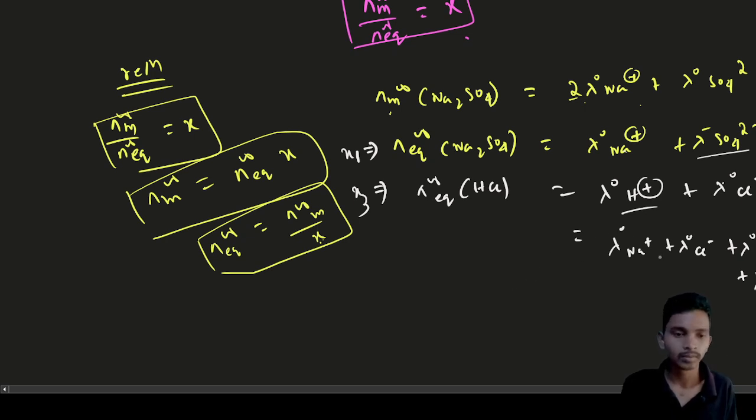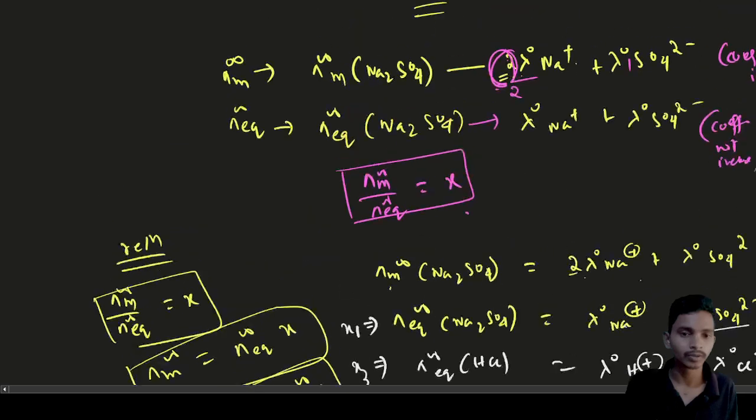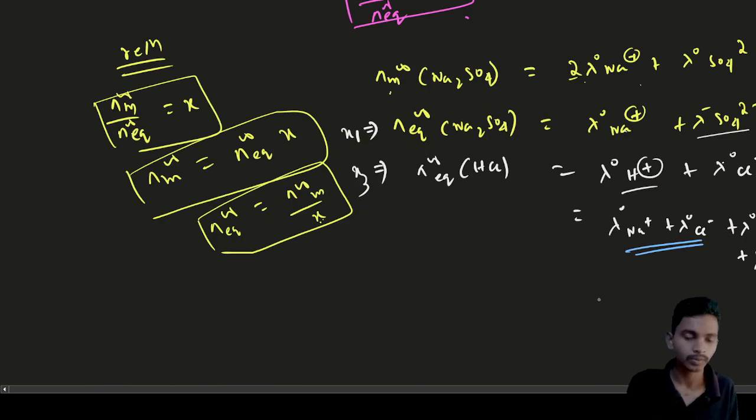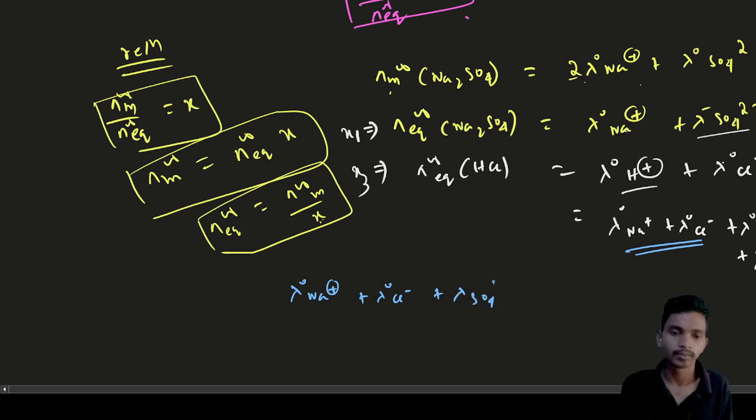I only need these values, I do not need this value, so I have to subtract it. To subtract this value, I will subtract x2.